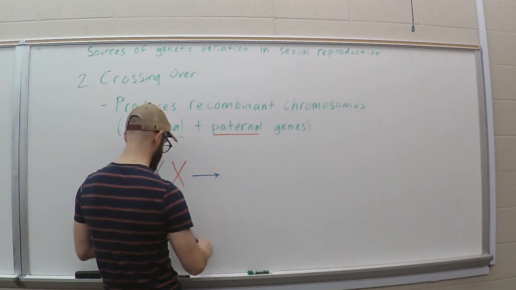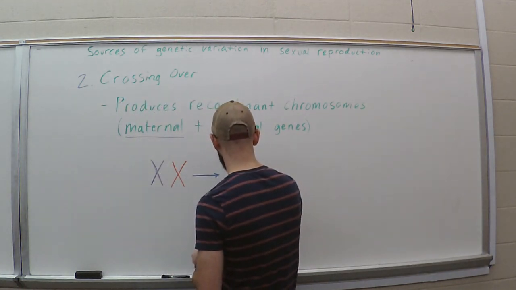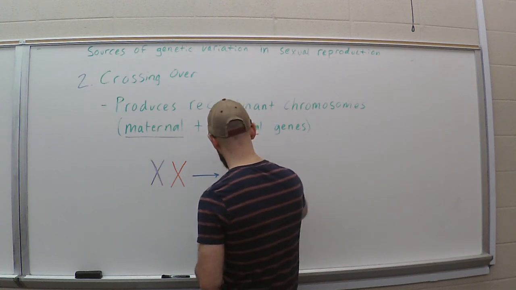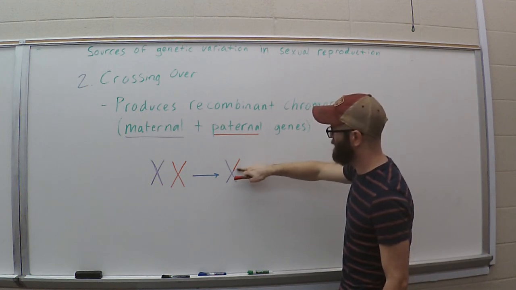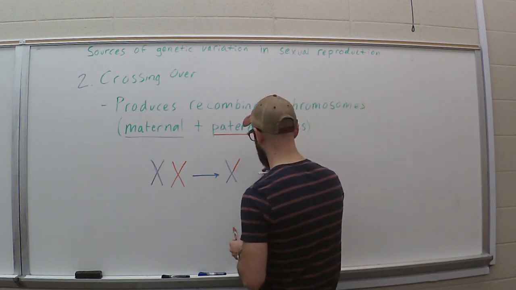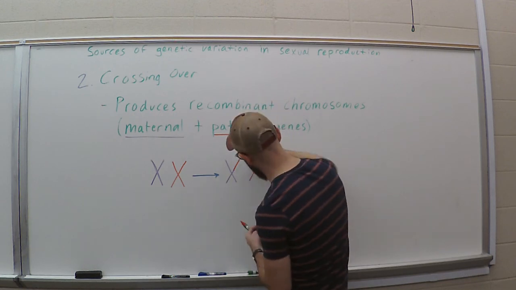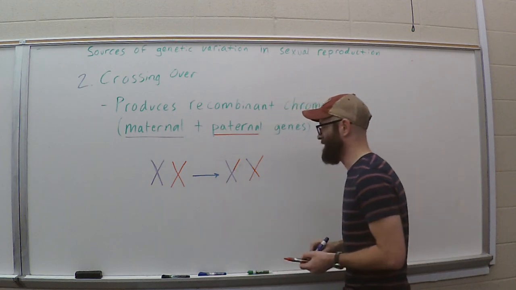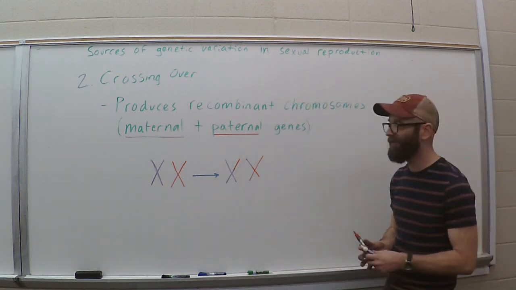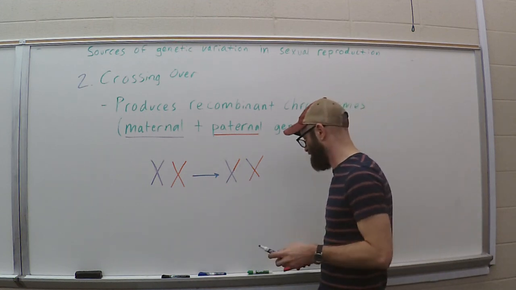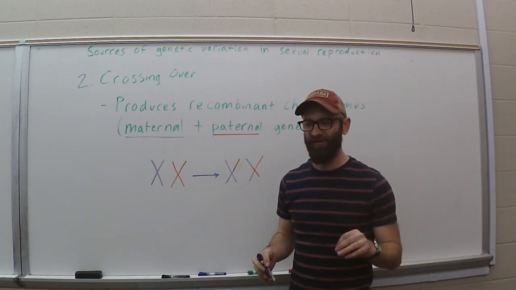So what you end up with is your maternal chromosome with a length of paternal on it, and then your paternal chromosome with a length of the maternal chromosome on it, right? So what this does, like I said earlier, it's kind of like shuffling the deck between each generation.